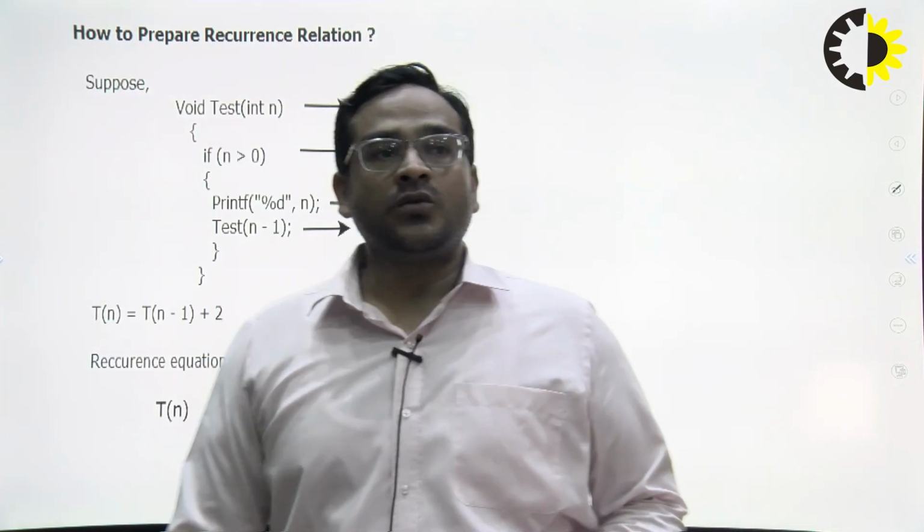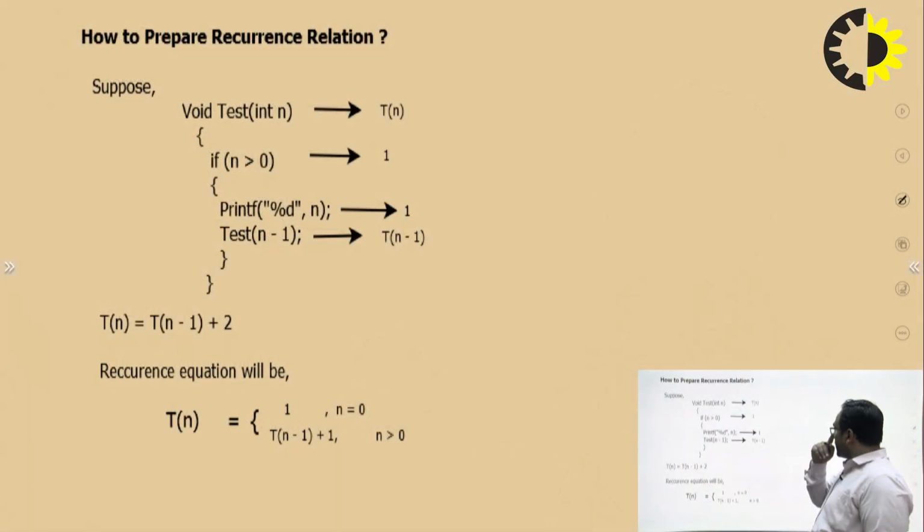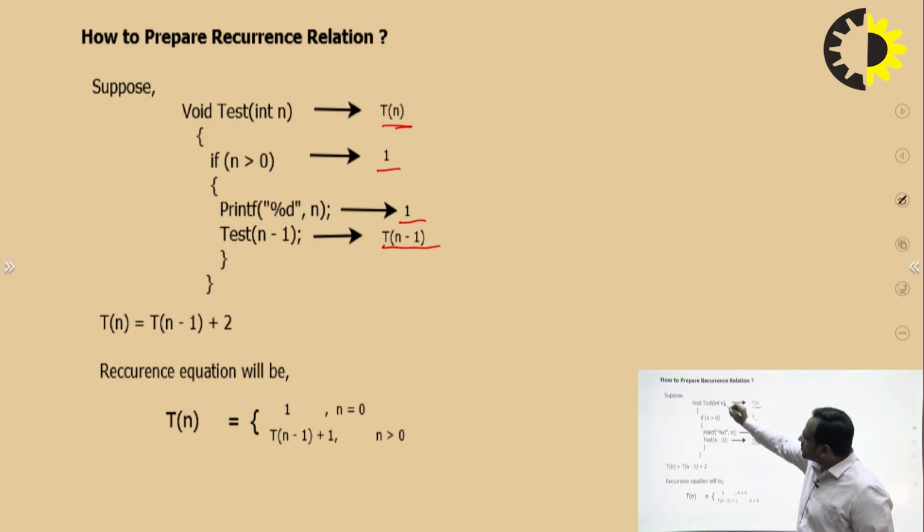One more example you can see here. Let me draw a recurrence relation for this example. This function is basically T(n), and this statement is executed only one time, and this one is also executed one time, but this is another function call. Since the value is n here and n minus 1 here, this is T(n minus 1).